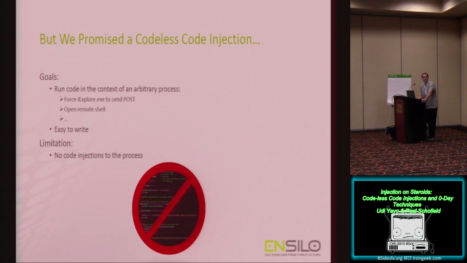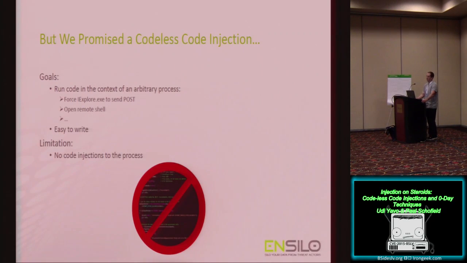But this talk is about codeless code injection, so the idea was to do it without adding any new code to the process and still be able to do complex operations. For example, send a POST request from Internet Explorer, or open a remote shell from some process, and keep it something that's easy to write.